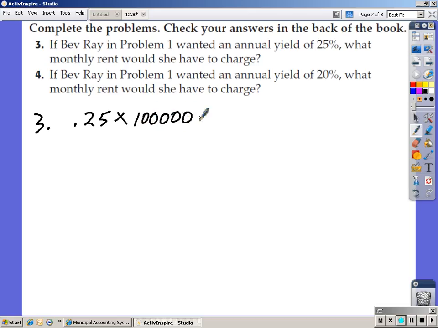Okay, 25% of $100,000 is $25,000. Now that is her desired annual net income.